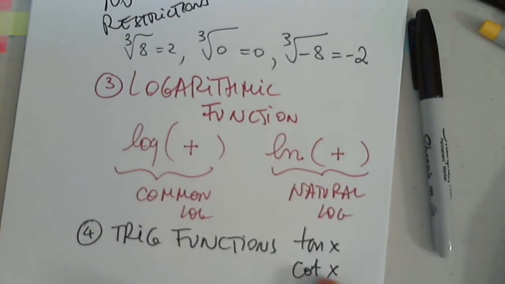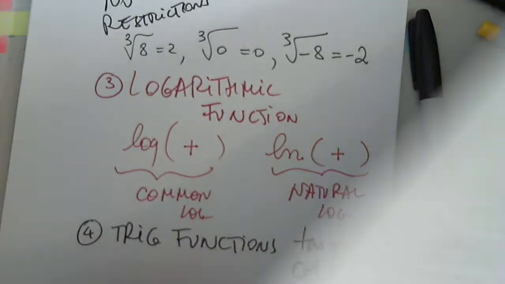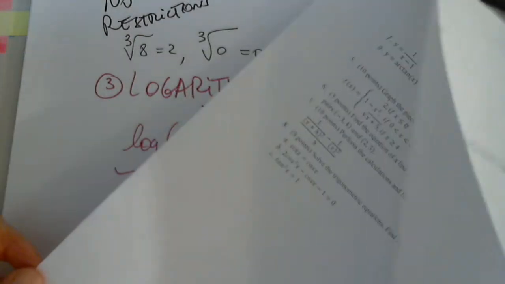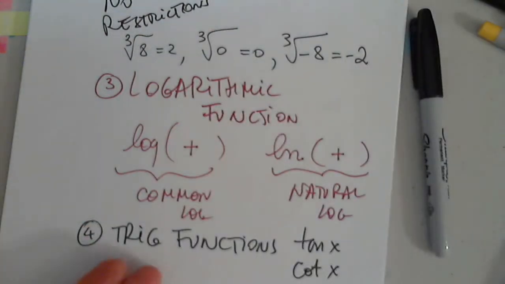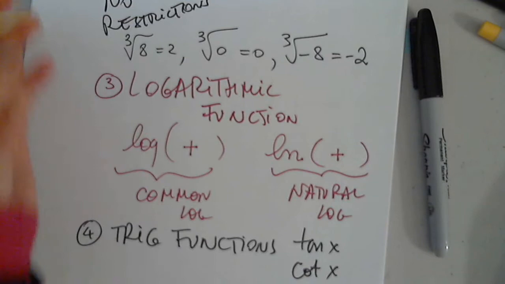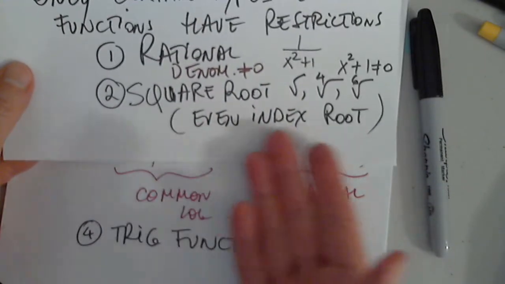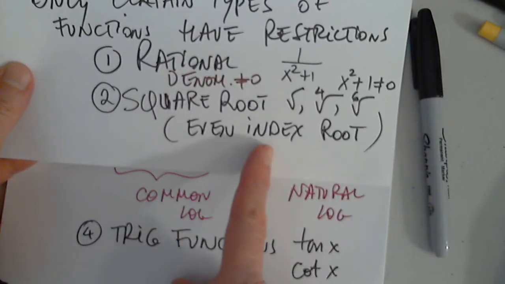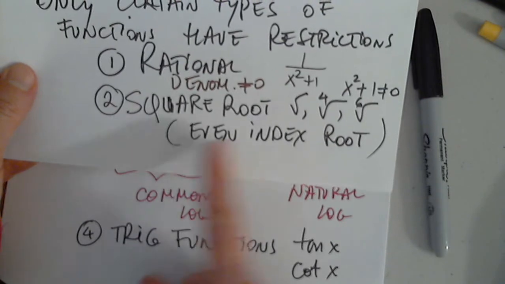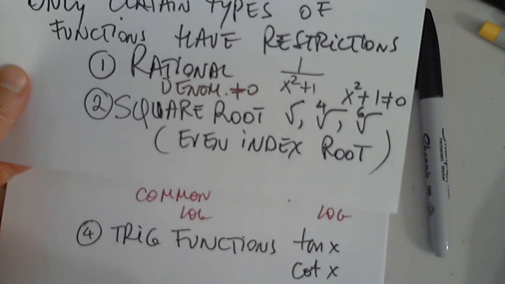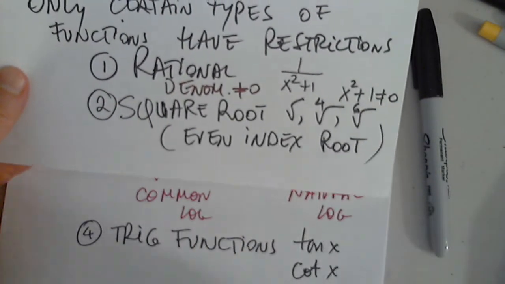If I encounter a trig equation, and we have a few at the very end of this document, we're going to look at that, then I have to state restrictions. If I encounter a square root or any root other than odd, I have to state restrictions or be aware of the fact that I have to go back and check.